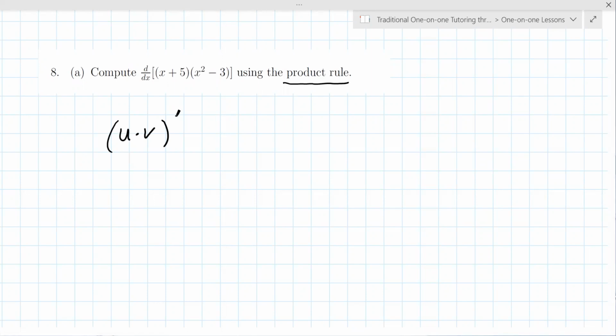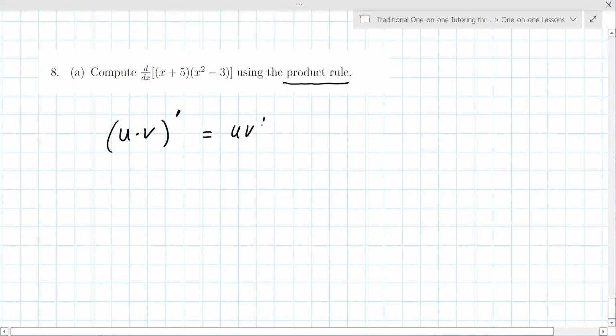Okay, and there's a reason for that. They should probably at some point tell you why it's u, because we're doing substitutions later in the course. The order doesn't matter, but I like u v prime plus v u prime. There's a couple of different ways that you can do that, but essentially you take the derivative of one, keep the other one, take the derivative of the other, and you mesh them together.